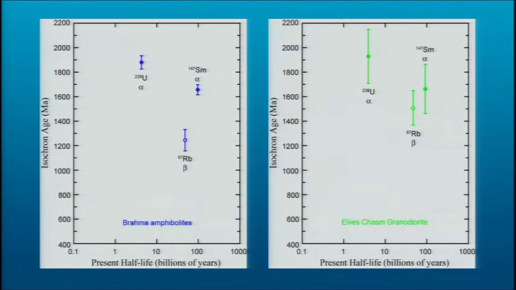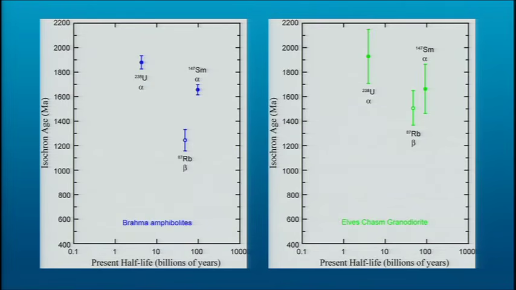That's interesting. And notice, rubidium-strontium decays by the beta process, which I don't have time to explain, and uranium and samarium decay by the alpha process, and the alpha process always gives older ages than the beta process. Now, you see, if this was a random thing happening, you wouldn't have those patterns. We see the same in these other 2 rock units. The rubidium is always less than the uranium.